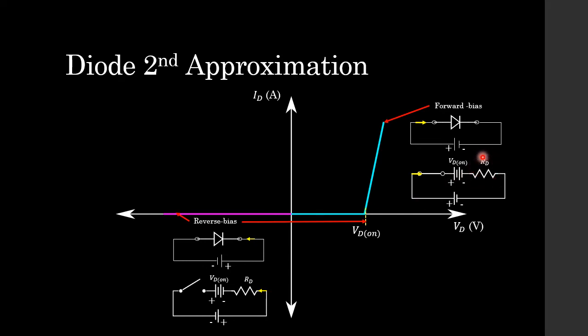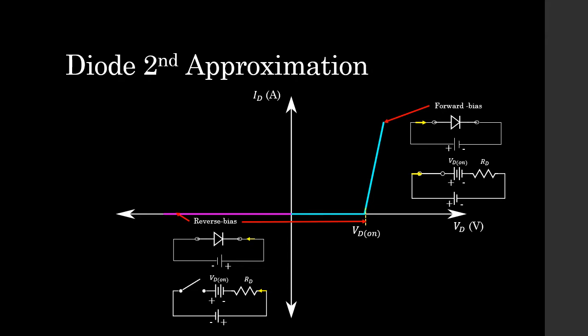Yes, this is our diode's resistor denoted by RD. So our diode has been replaced by a closed switch, a source, and a resistor in series for the forward bias condition. And in the reverse bias condition, yes, very similarly, we have an open switch in series with our diode on voltage, represented by this little battery or source, in series with our diode resistor, which is RD.